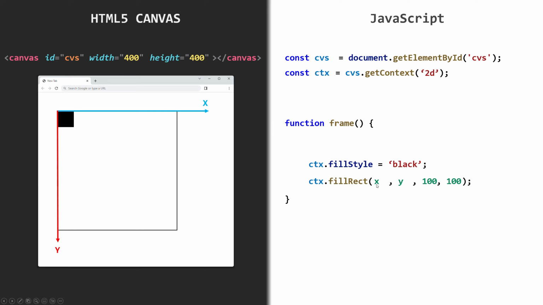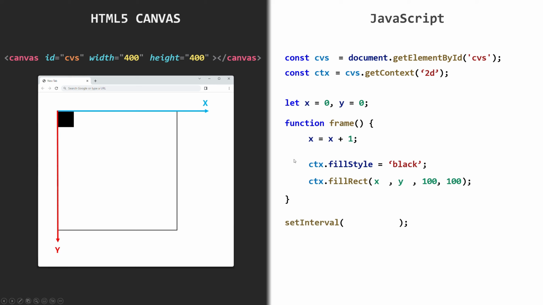I'm going to call them x and y because that's what they are. And then here I'm going to set them to 0. I'm going to define them outside the function. And then here I want to keep incrementing the x by 1. So each time I call the function, x will be incremented by 1 and it will draw the rectangle in a different position than before.